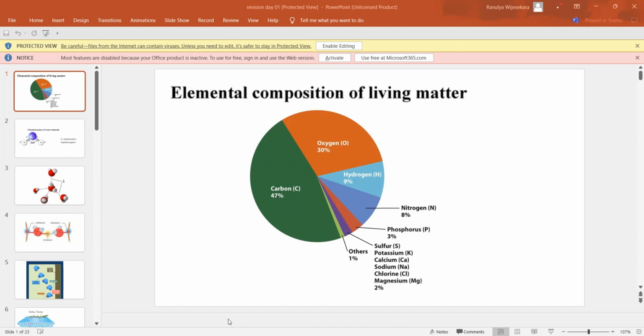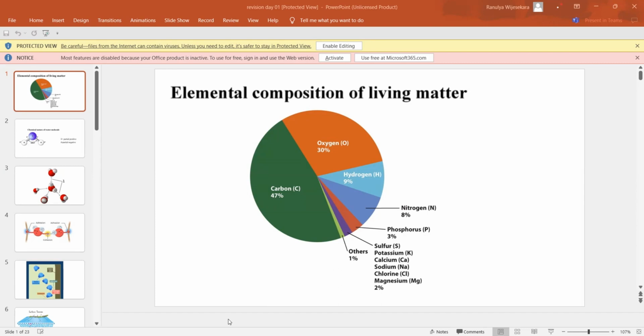Next point. The remaining 4% is covered by calcium, phosphorus, potassium, and sulfur. That is overall. When we come to humans, carbon, hydrogen, oxygen, nitrogen account for 96.3%.